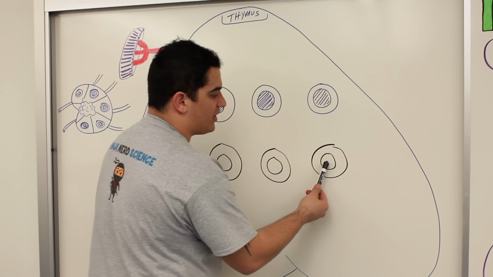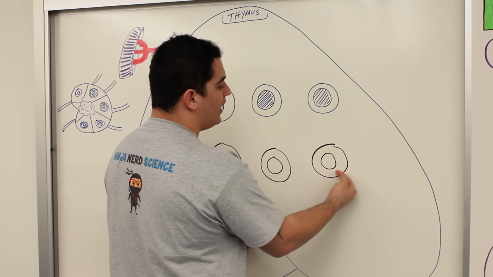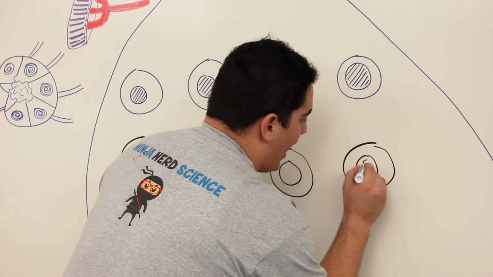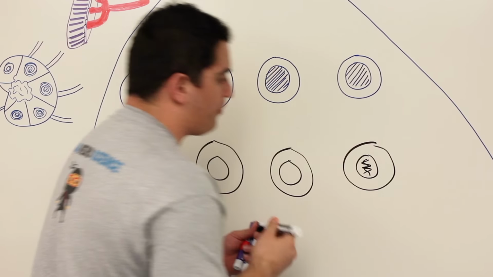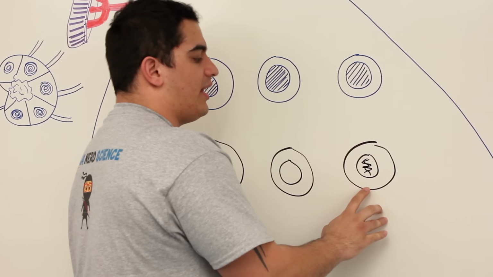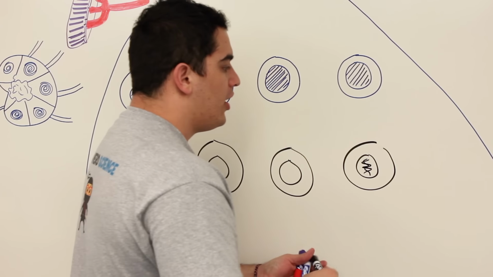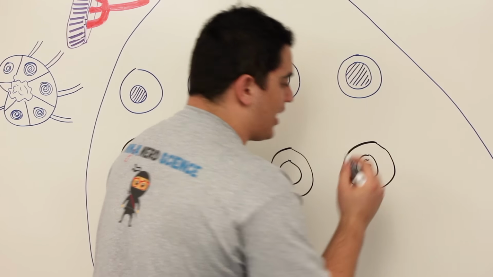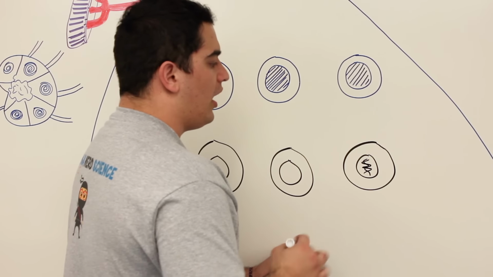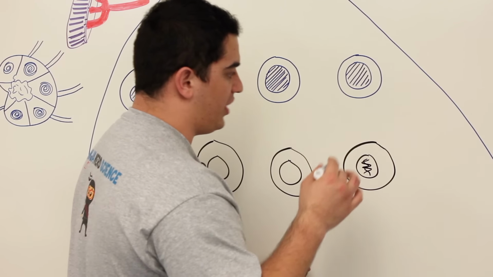All right, so we have our T cell right here, right? Now this T cell has its DNA, and it's a T cell. No mechanisms have been acted upon it yet, so it doesn't really have any different types of receptors on it. I'll explain what those receptors are, those proteins.